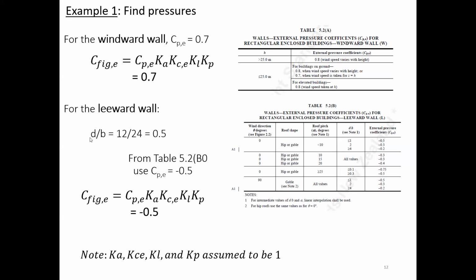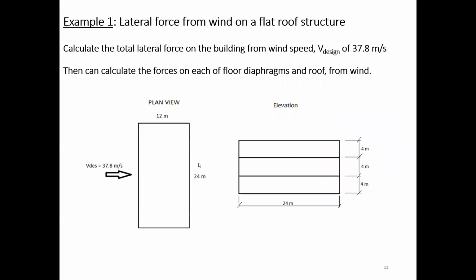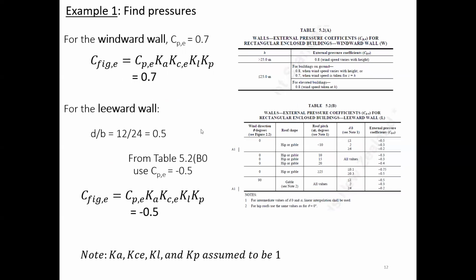Now for the leeward wall, let's look at D over B. D is the length of the side wall divided by the length of the wall facing the wind. So we've got 0.5. From table 5.2, use Cpe equals negative 0.5.